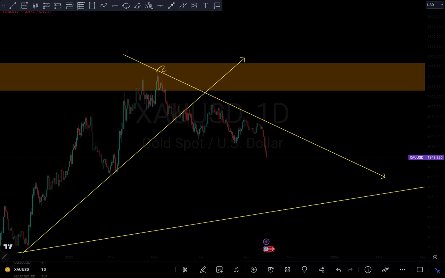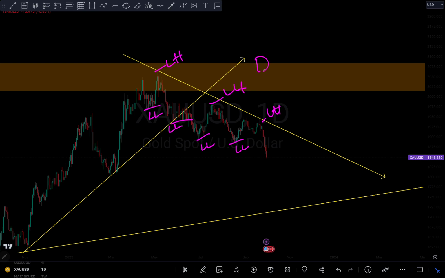You can see right here, it's now giving me a lower high, a lower low. So we can see a lower high, a lower low, a lower low, a lower high, a lower high.